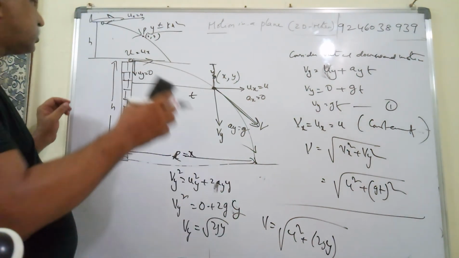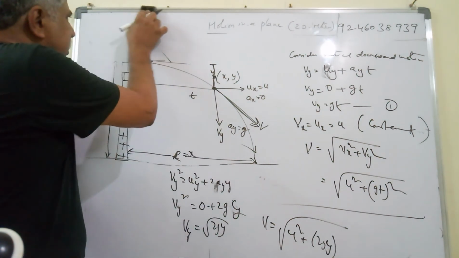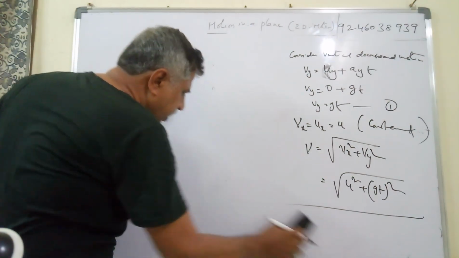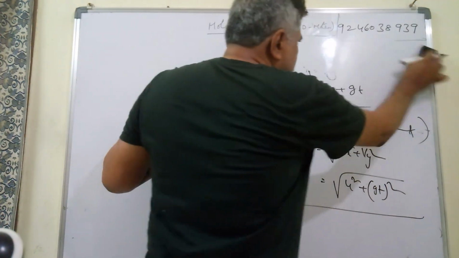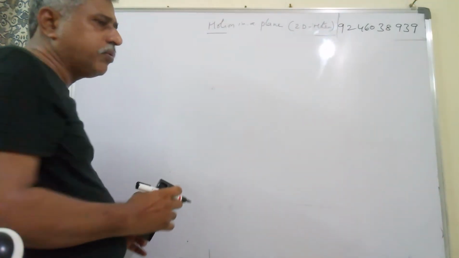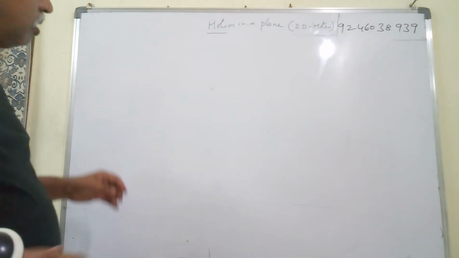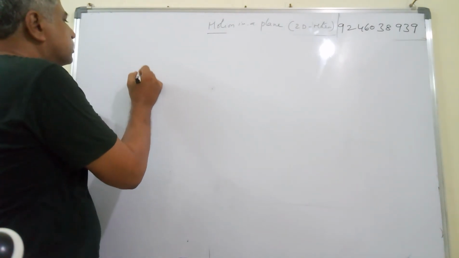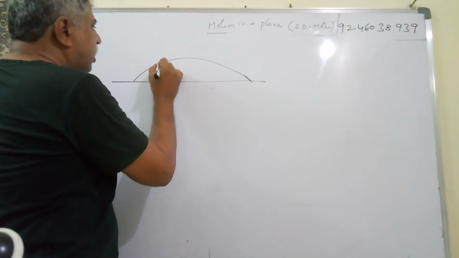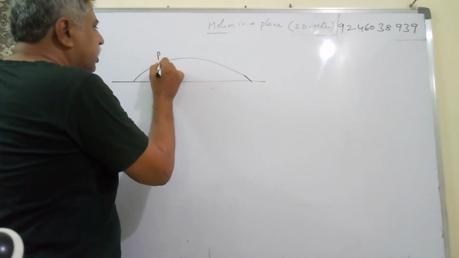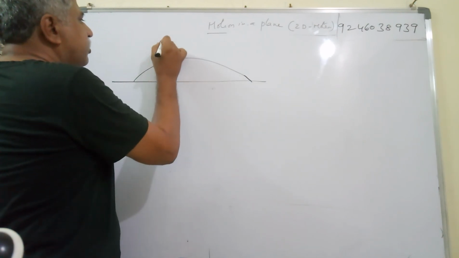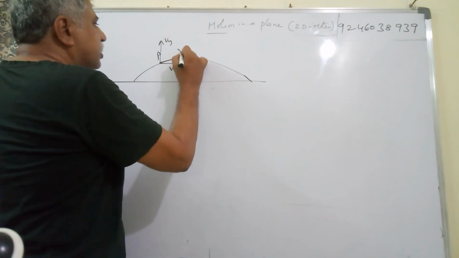Next one. In the case of a projectile, what is the instantaneous velocity? The previous one was a horizontal projectile. In the case of an oblique projectile, we find the velocity of a body at any instant t, with components vx and vy, and v.